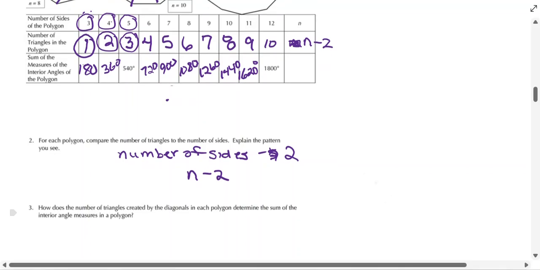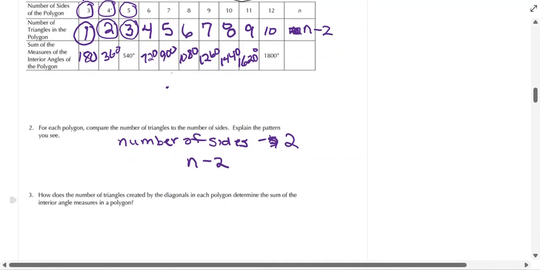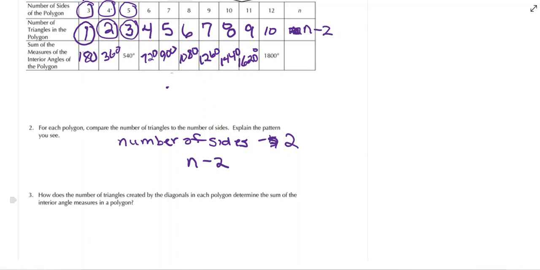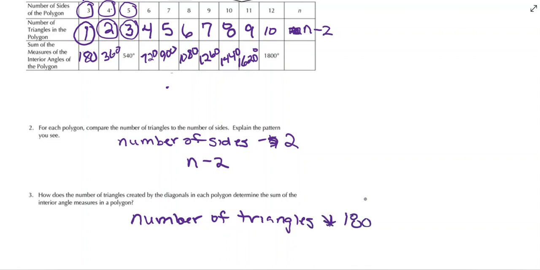How does the number of triangles created by the diagonals in each polygon determine the sum of the interior angle measures? It's the number of triangles times 180. So filling this out up here would be n minus 2 times 180.